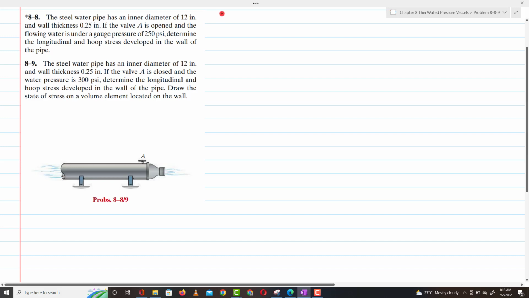So let's start with the given data. This is problem 8-8. It is given that the steel water pipe has an inner diameter of 12 inch, so DI is equal to 12 inch.